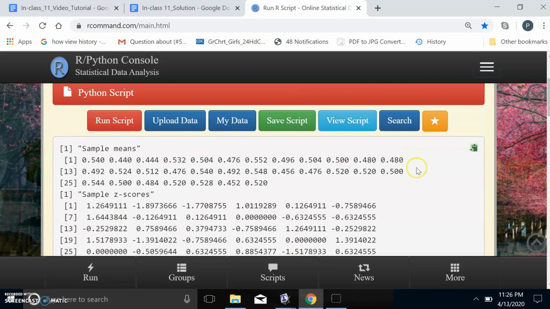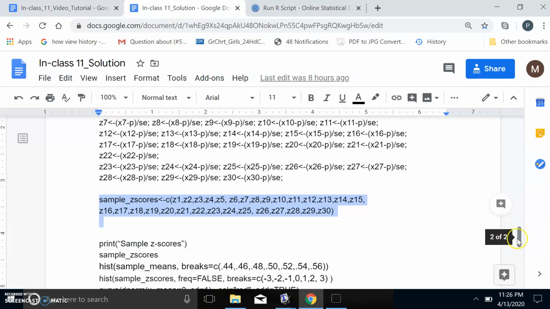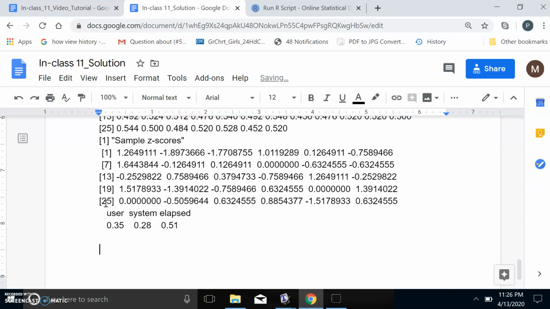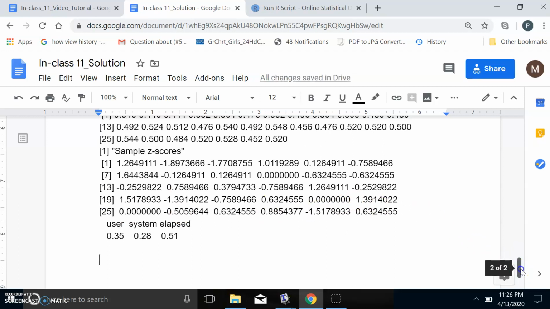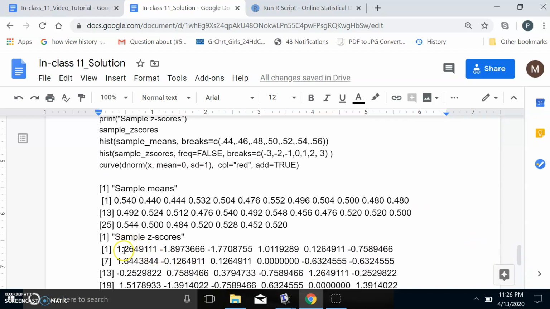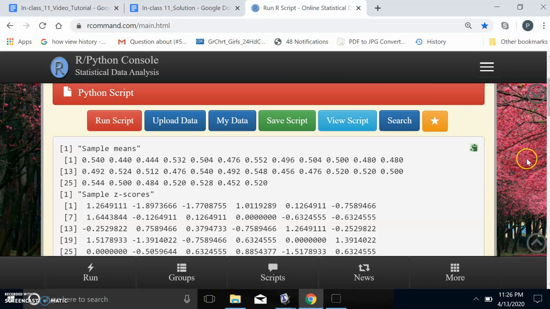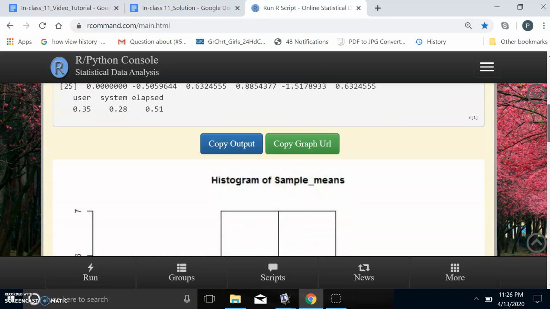So let's copy this into our Google Doc. Down here. So it gives us the sample z-scores, gives us the sample means. Okay, and let's do our histograms at the bottom here. Look here.